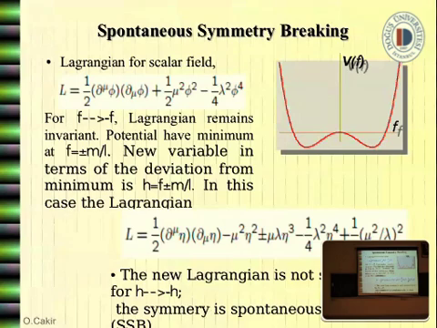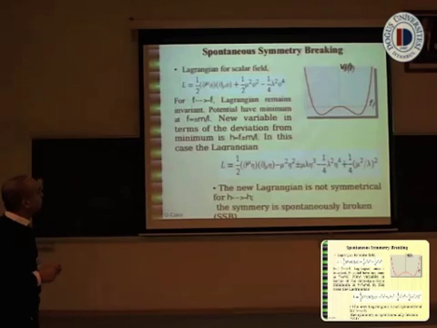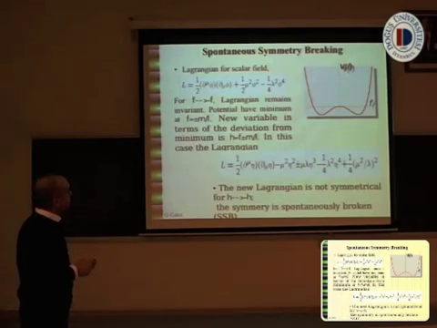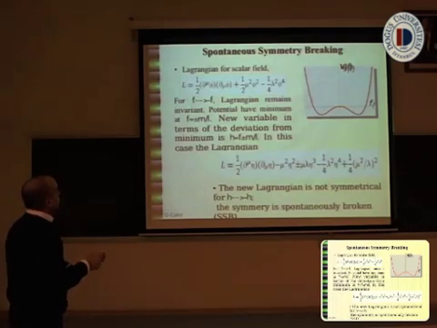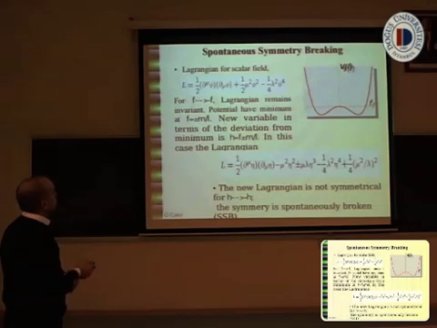Spontaneous symmetry breaking. Here you see a scalar Lagrangian, which has a symmetry. If we put phi to minus phi, it will remain invariant. So there are two minima in this potential.